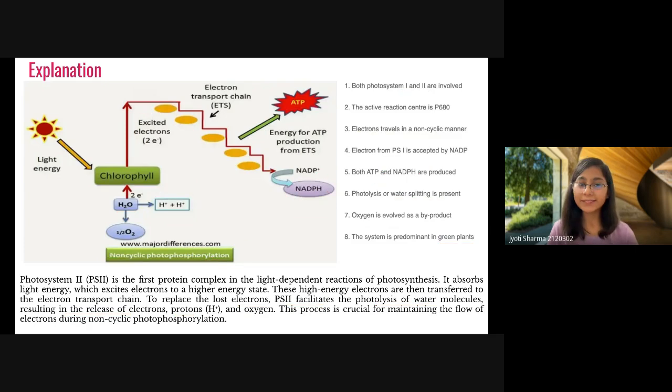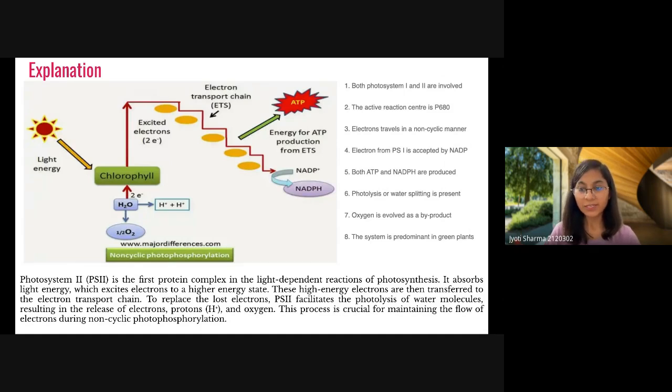So I think it is now clear what you mean by cyclic photophosphorylation and what you mean by non-cyclic photophosphorylation, and what is the role of photosystem 1 and photosystem 2. We have learned everything, right? If there is any doubt, you people can tell, otherwise we can go ahead with the next question.